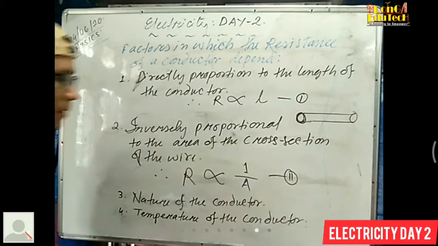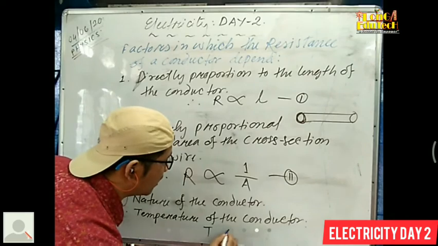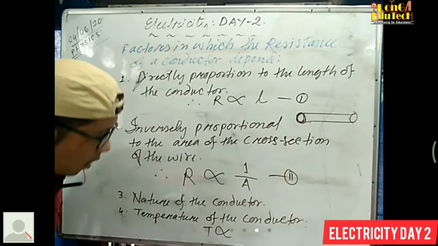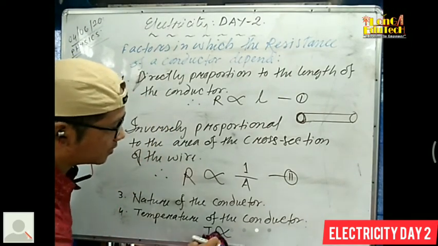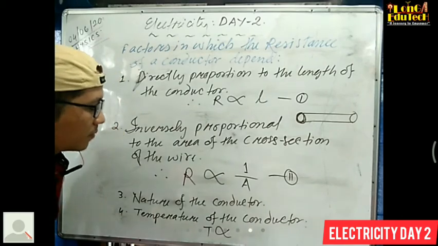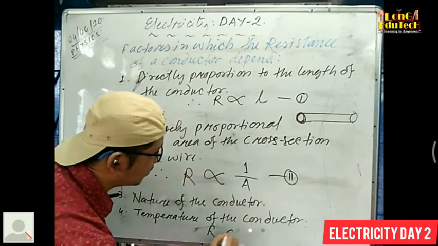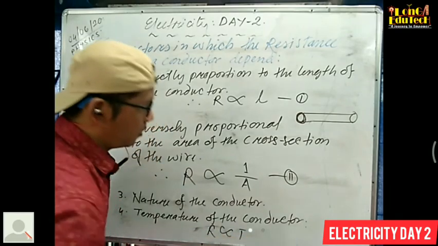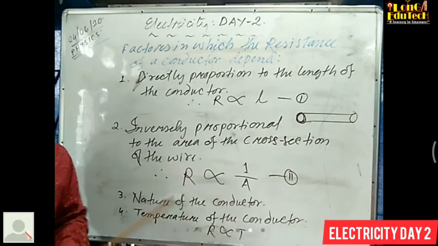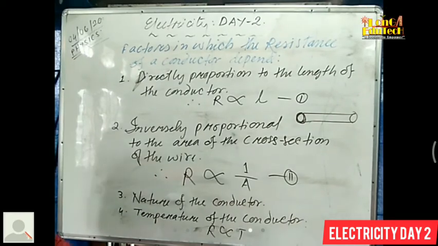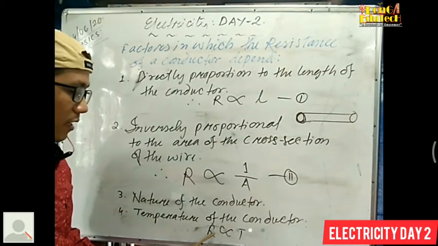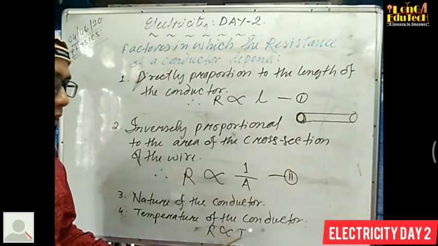Keep in mind how temperature affects the resistance: the resistance of the conductor is directly proportional to the temperature. When we develop the equation it will not be useful and we will not use it, but you should understand it. Resistance of the conductor is directly proportional to the temperature.